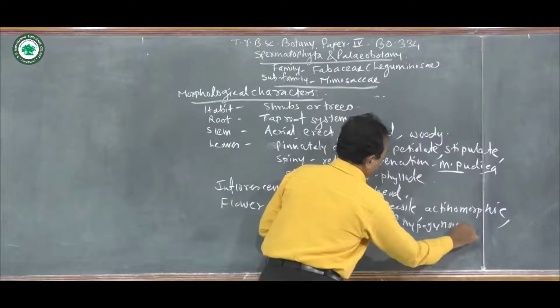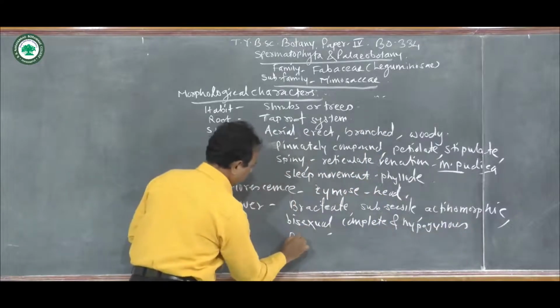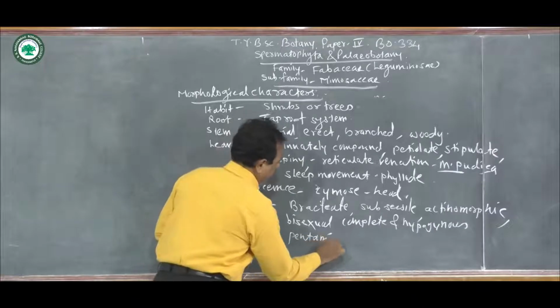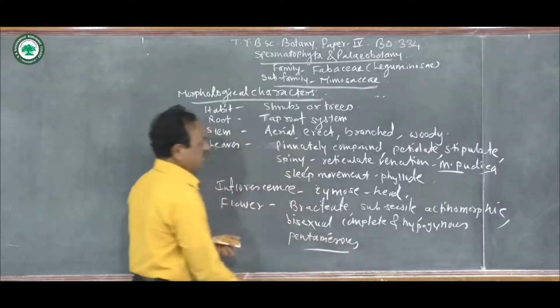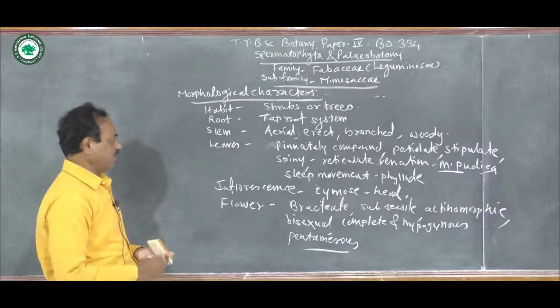The floral parts are present in multiples of 5, so it is pentamerous. So the flowers are pentamerous and hypogynous.